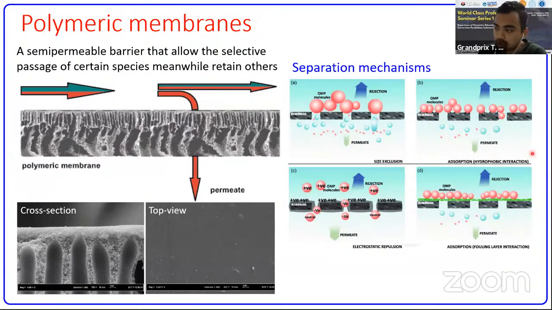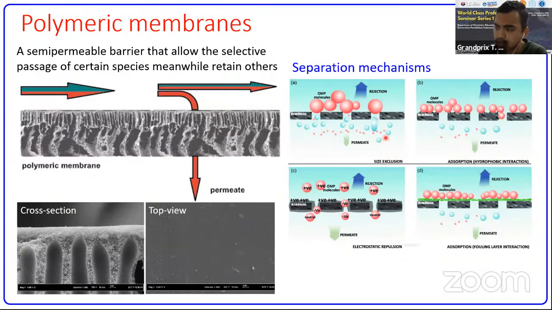It could also function based on electrostatic repulsion, based on the interaction. If we have the same electrical charge, then the molecules will be repelled. But if the molecules and the membrane surface have different charges, then the molecules will be attracted to the membrane surface.